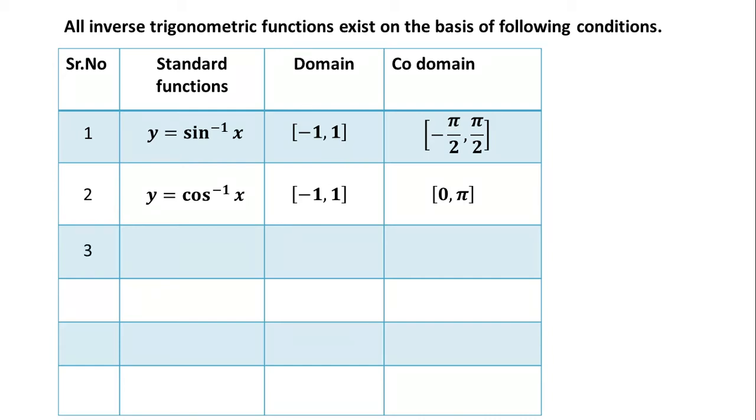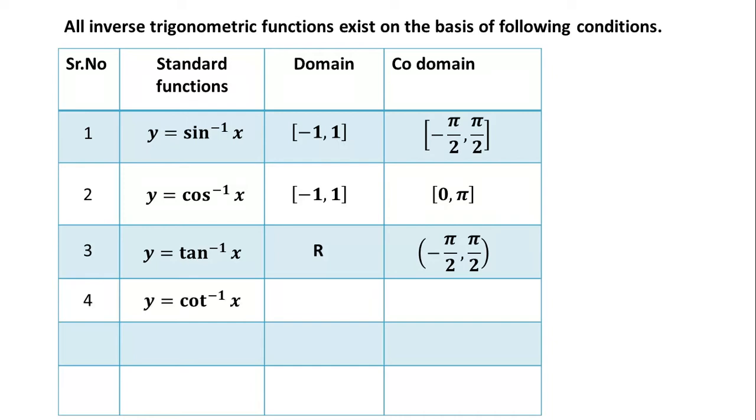Third one is y is equal to tan inverse x. This is an inverse of the tan function. So what is its domain? See here, R, means the whole real line is the domain of tan inverse x, and the codomain is the open interval minus pi by 2 to pi by 2.